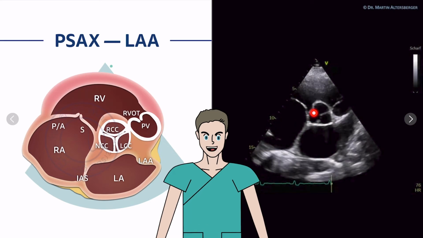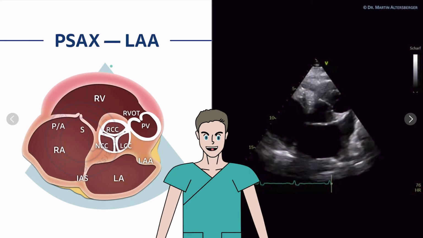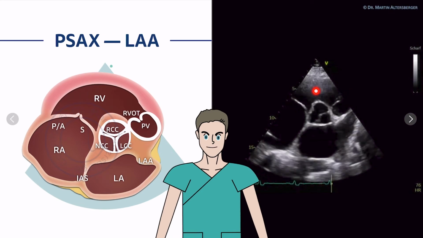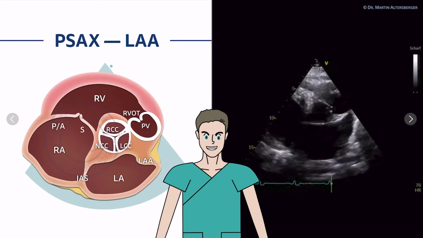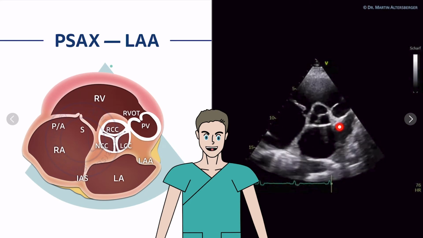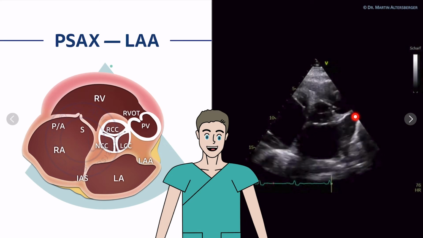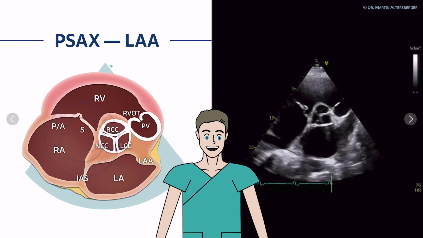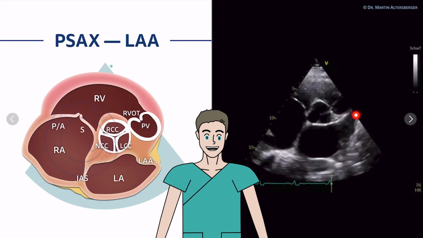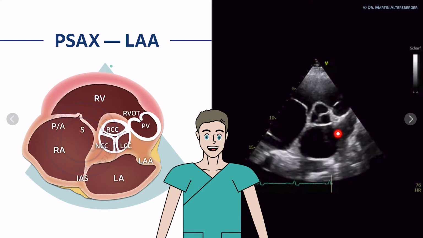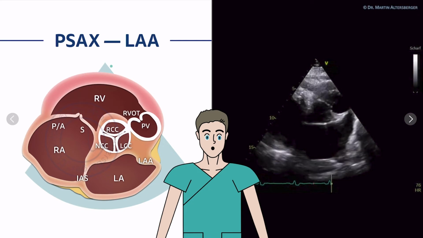So we go back to the view focused on the aortic valve. This is the tricuspid valve, the pulmonic valve, the RVOT. We do see that the atria are dilated, but focus here on the left atrial appendage. So that's the left atrium, that's the left atrial appendage, and it is rather prominent. So in this case, if there would be a large thrombus present, you could even see it in a parasternal approach.